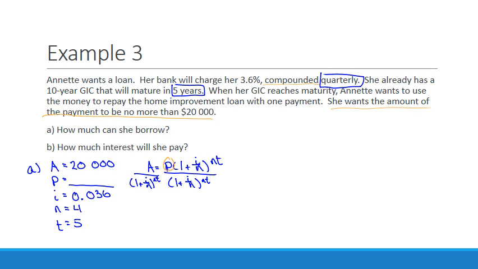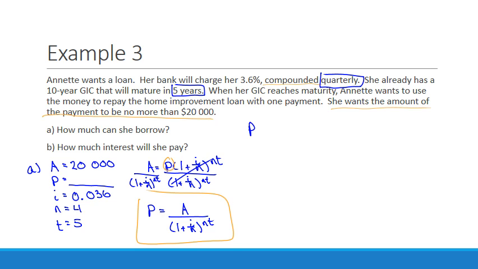And I like manipulating my equation like this so that I don't have to worry about memorizing another formula. I just think about the first formula and then know I can rearrange it if I need to. So here is a version of the formula that I'm going to use. If you just want to memorize it, you definitely can, but I prefer to be able to rearrange for it. Anyway, let's get back to this.